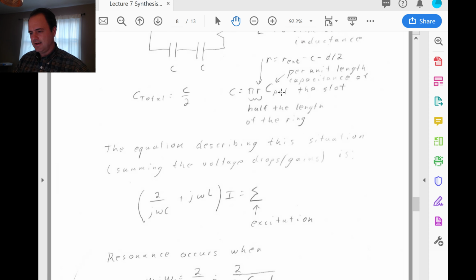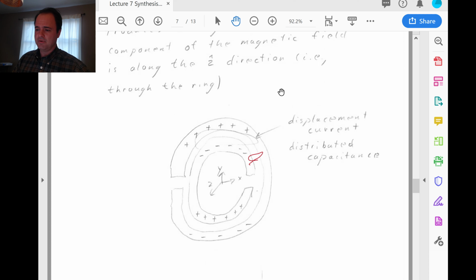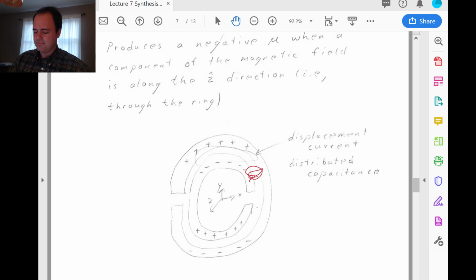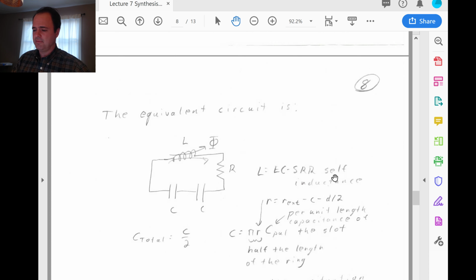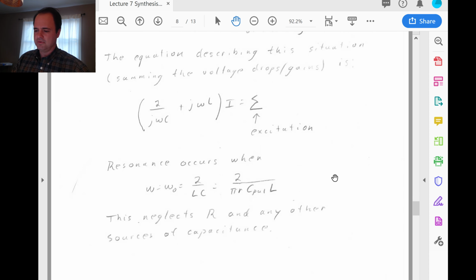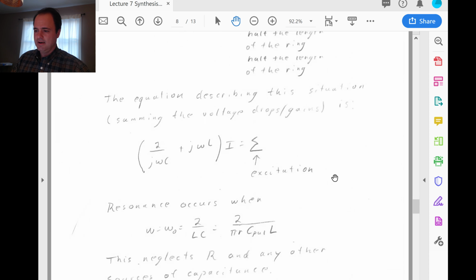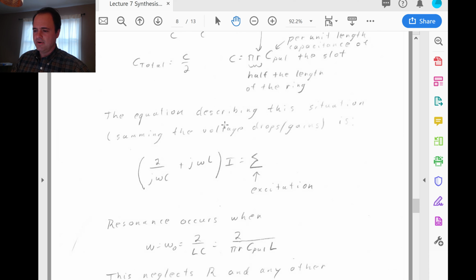If your material or your space, D, the spacing between the rings right here, is not small, then the formulas become more complicated, but still derivable. So the equation describing the situation, the equation of state, is really just summing the voltage drops and gains around the wire.